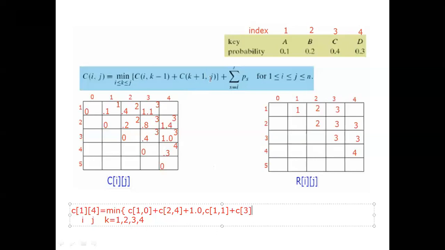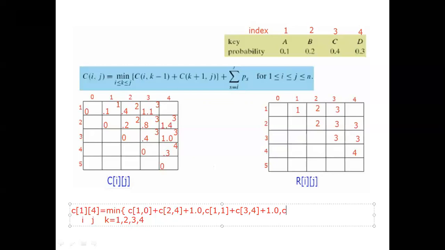What is the J value? J value it is 4. Right? 3 comma 4. We got that value also, plus next value already we know, sum previously we calculated, it is 1.0. Comma, 2 K values we have calculated.